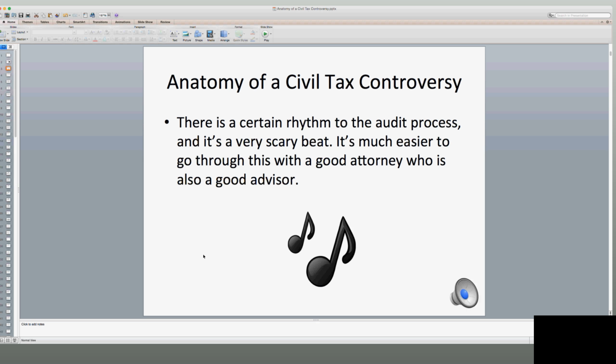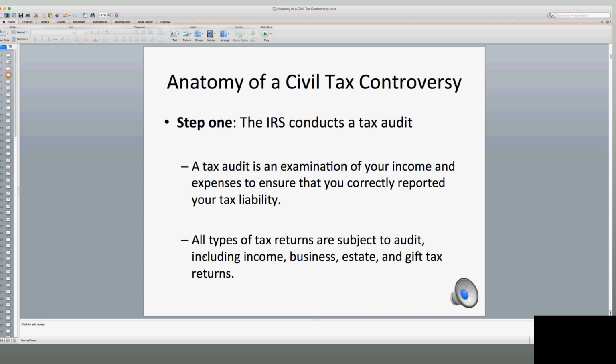It's much easier, of course, to go through this with an experienced attorney who's also a good advisor. This is, again, a very general overview, and I've reduced it to steps just so that you can conceptualize it, and then we'll go into a bit more detail.